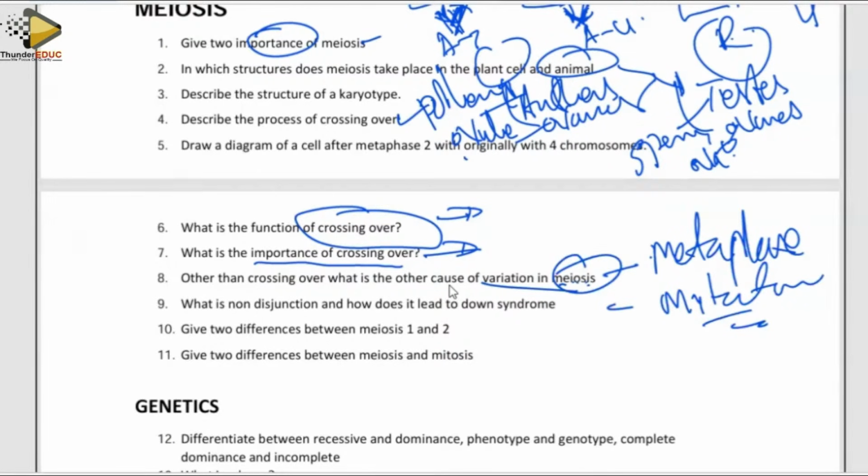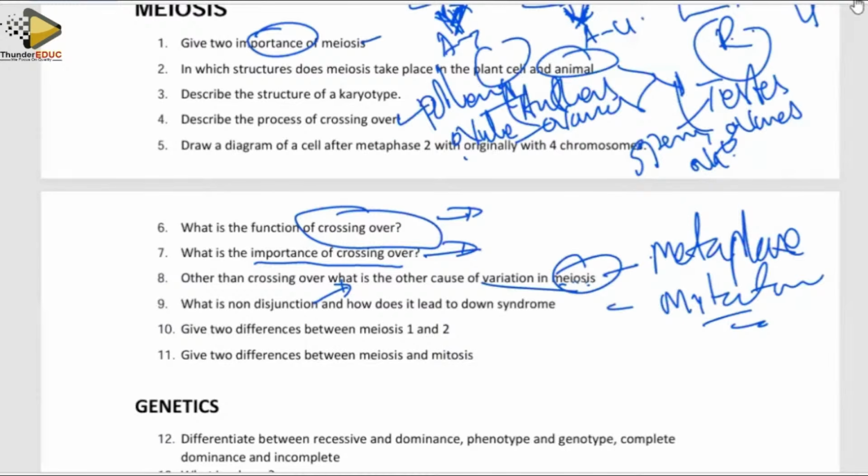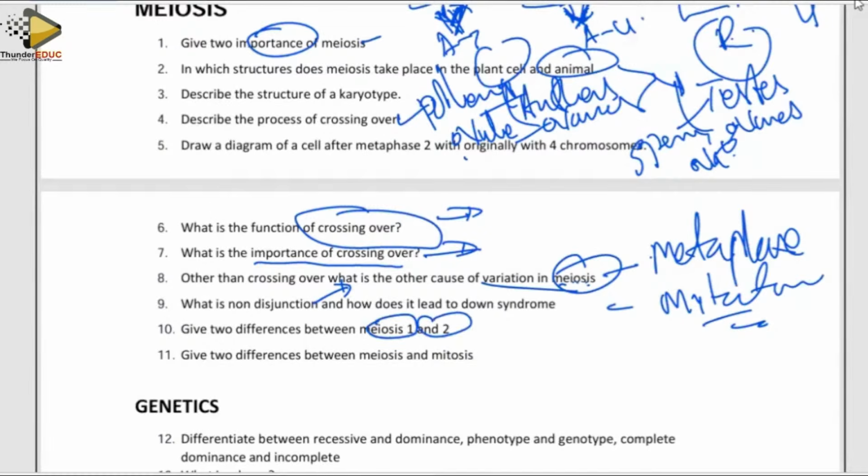What is non-disjunction and how does it lead to Down syndrome? Non-disjunction is the failure of the chromosomes to separate during anaphase. It can be anaphase 1 or anaphase 2. Here I've not yet explained how it leads to Down syndrome.